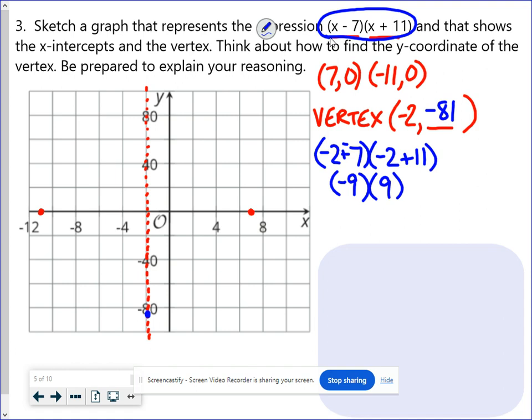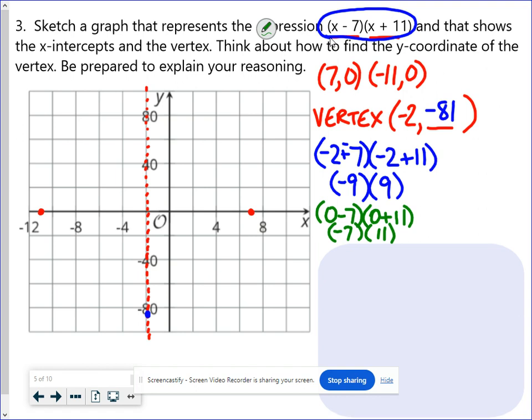The y-intercept is pretty easy because that's when the x is equal to 0. So let me do one more thing. If I substitute 0 in for the x's, I would have 0 minus 7 and 0 plus 11. 0 minus 7 would be -7, and 0 plus 11 would be 11.